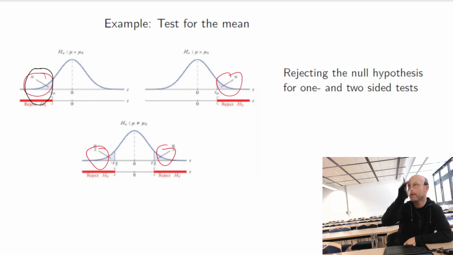Then I think that my machine is out of order, that something is wrong. If my test statistic is in this part, then up to an error probability of 10% in my example, I just say nothing has changed.